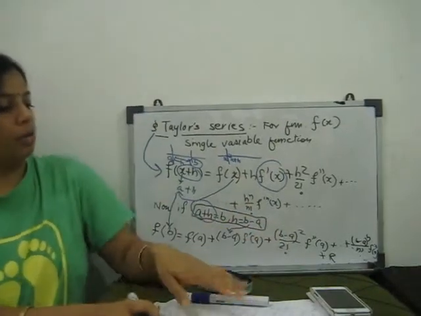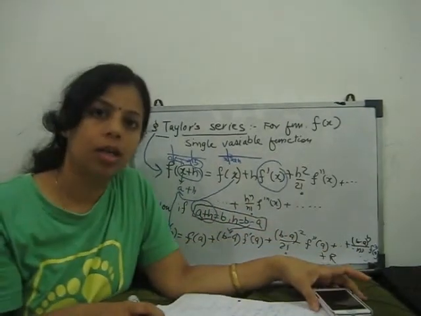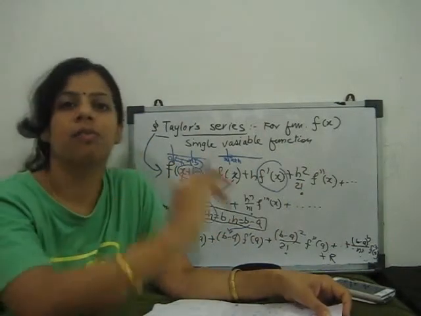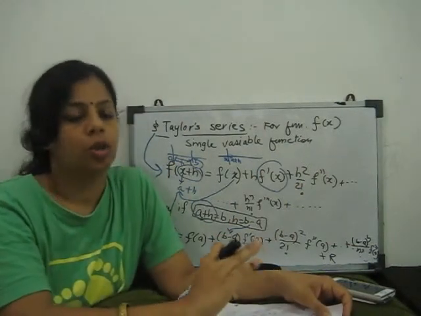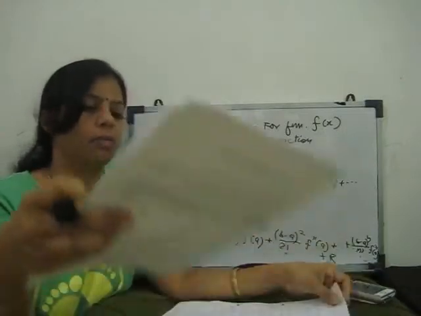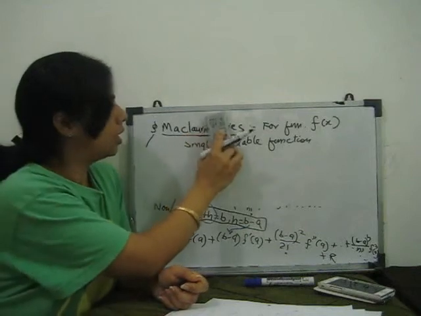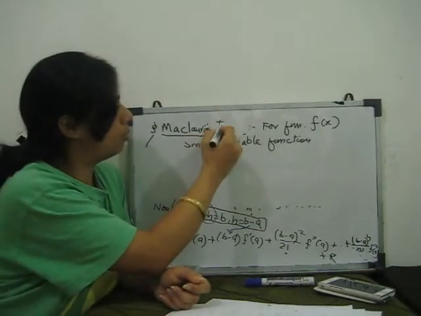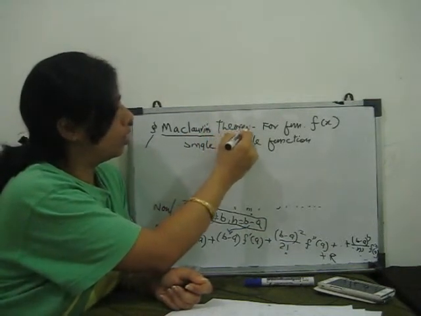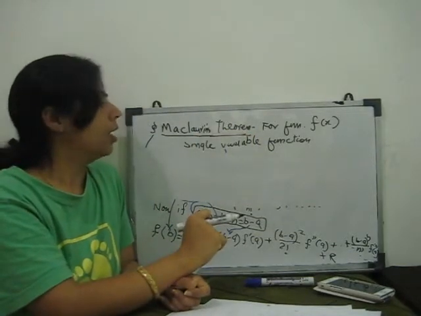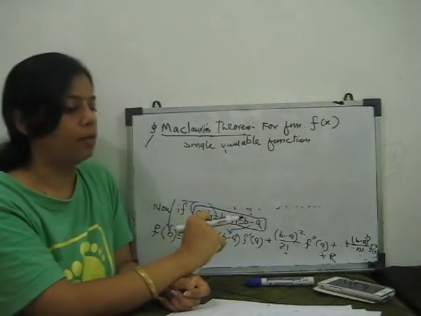Next is the Maclaurin theorem, or Maclaurin series. Maclaurin series is one special case of Taylor. Let me show what the Maclaurin series is. We have the nth term for function f(x), where this is a single-valued function.